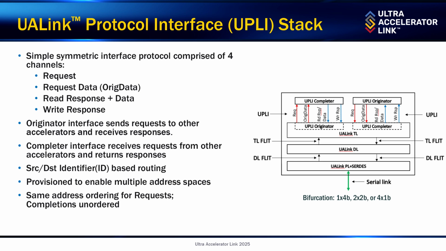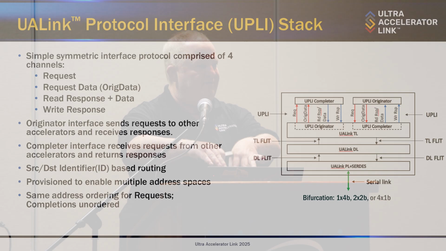That flows through this stack, through the switch, through a stack on the other side, and is responded to on the other side at a completer. The completer you see here in this accelerator is receiving requests from all the other accelerators and responding to them. The originator is driving commands out. So it's a bidirectional symmetric interface.